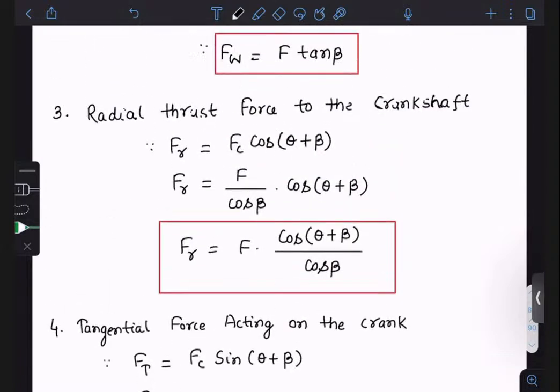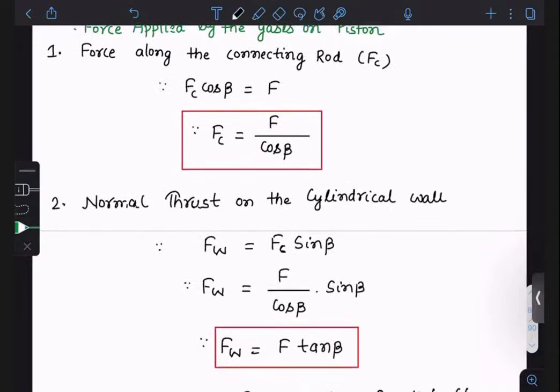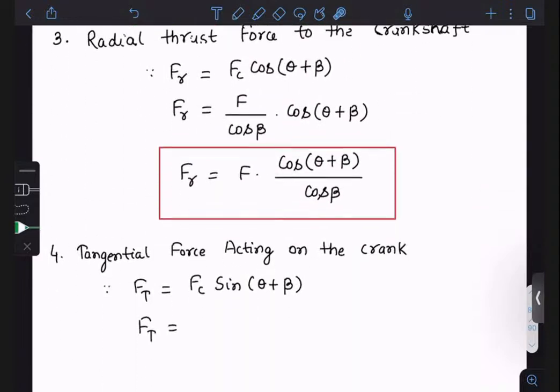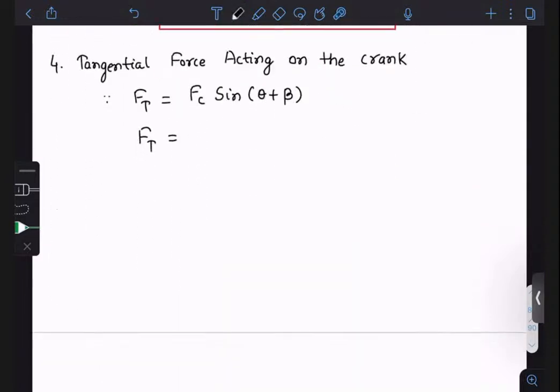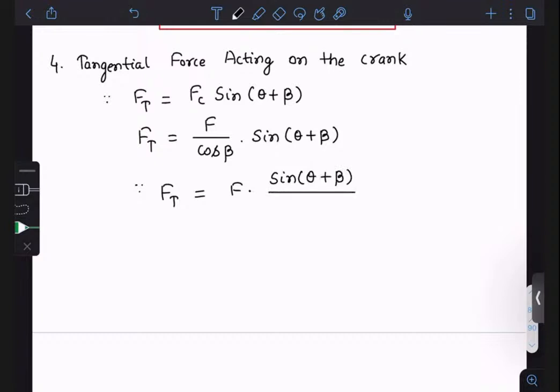So here Fc we have already calculated. It is your combustion force F upon cos beta. So Ft is equal to F sine theta plus beta divided by cos beta.